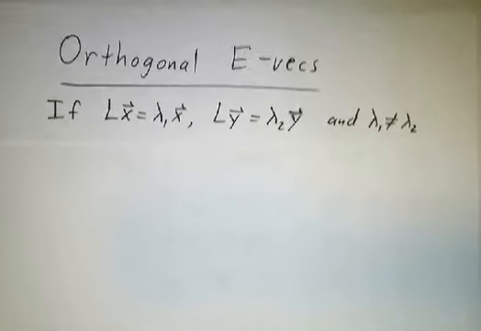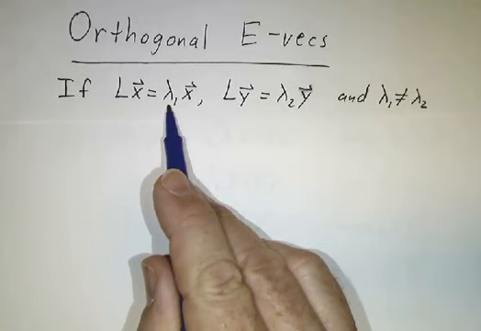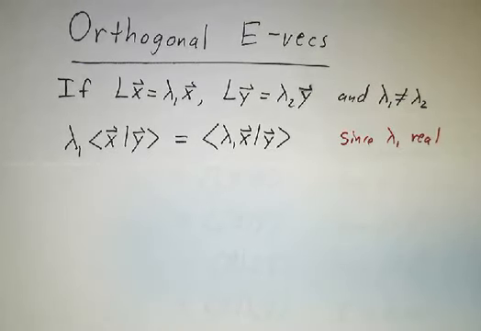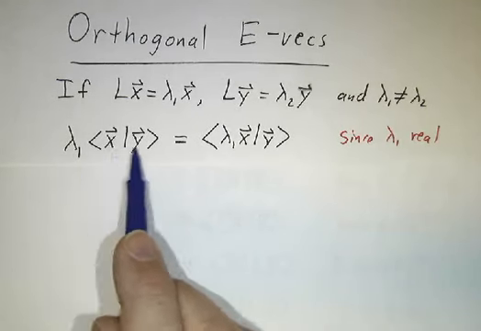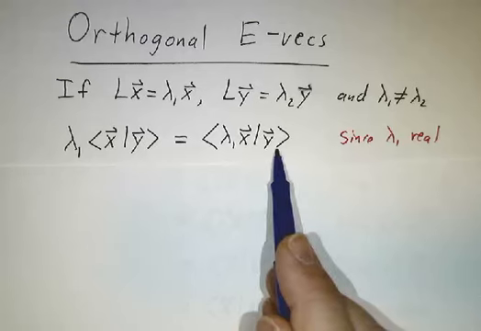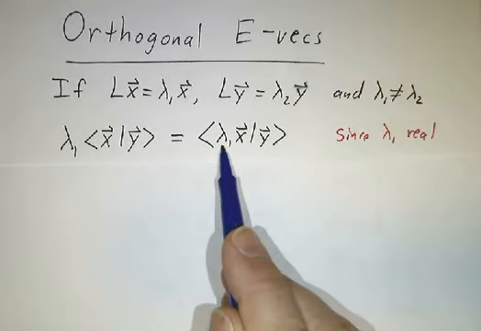As for the eigenvectors, let's suppose that x and y are eigenvectors with different eigenvalues. x with eigenvalue lambda 1, y with eigenvalue lambda 2. Then if you take lambda 1 times the inner product of x with y, that's the same thing as the inner product of lambda 1 x with y. Really should be lambda 1 bar, but lambda 1's real, so it doesn't make a difference.